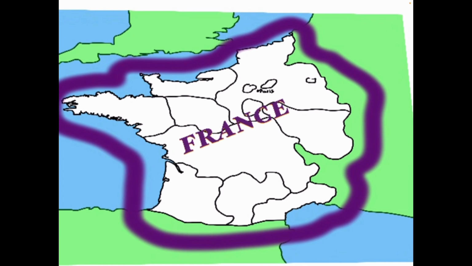So it's just a series of kings coming and taking portions of France and then losing portions of France. So many different wars end up happening with the English rulers trying to take more and more of France, and then the French people trying to get France back.